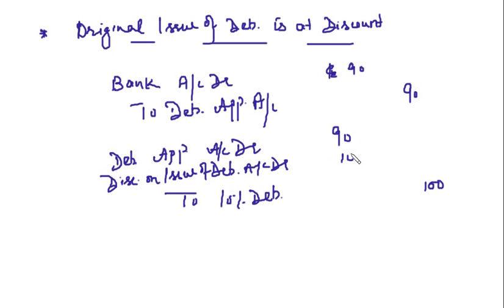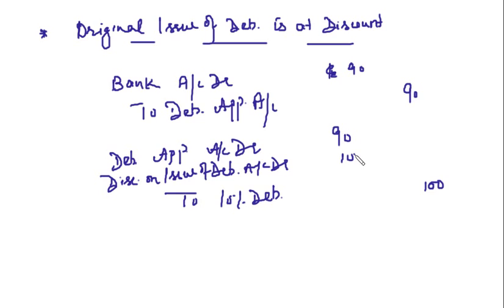This 10 rupees is an expense for the company. It is a loss for the company, isn't it? You were to receive 100 rupees from the public, but you have received 90 rupees. You have given a discount of 10 rupees. So this 10 rupees is a loss for the company, an expense for the company. So it is debited to discount on issue of debentures. Clear?